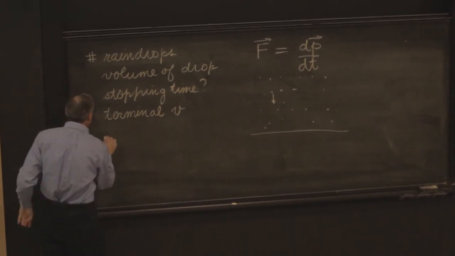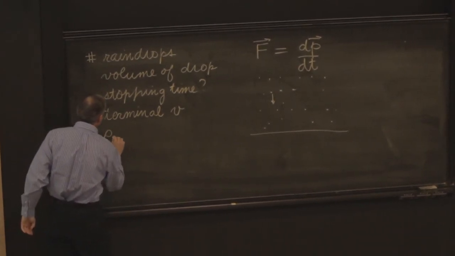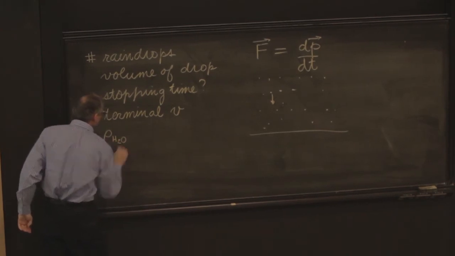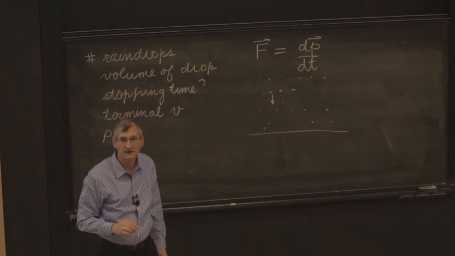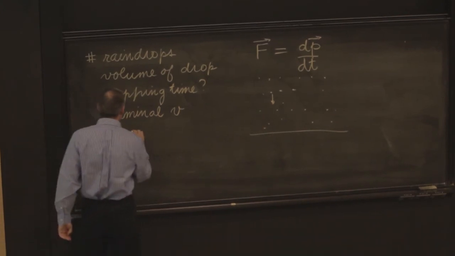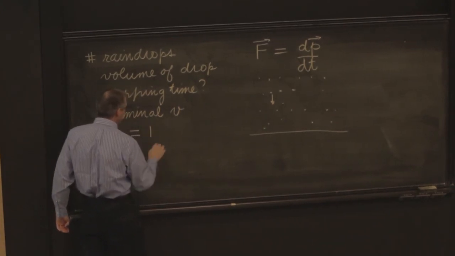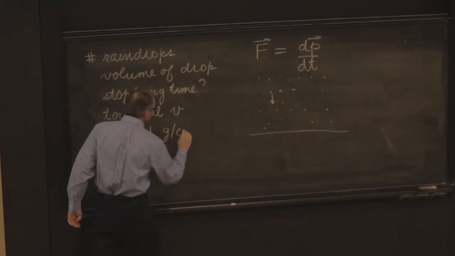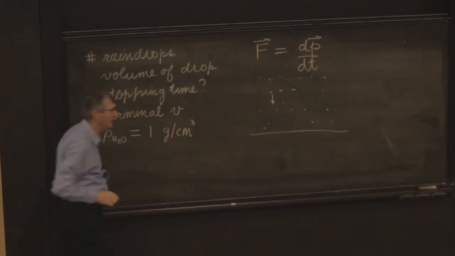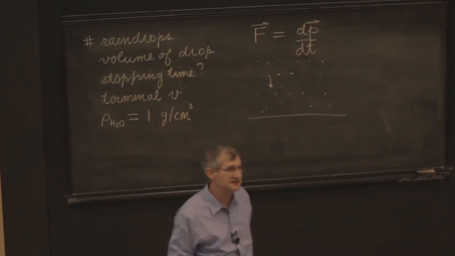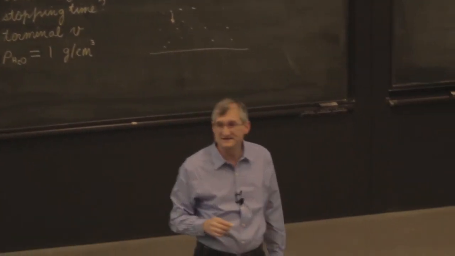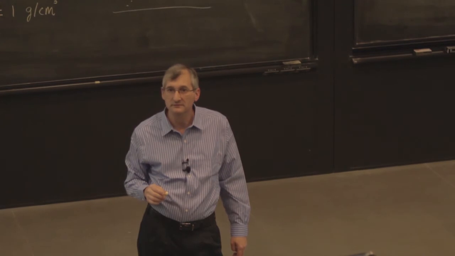Okay, so density of H2O, which we happen to know? One. One what? 1 gram per cubic centimeter. Anything else? Anybody have a guess for terminal velocity? How fast does a raindrop fall?